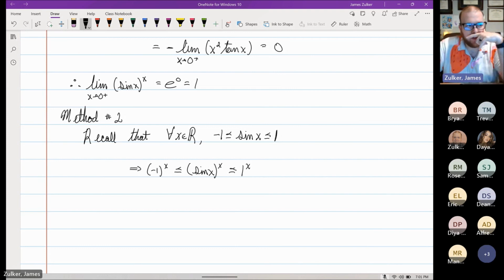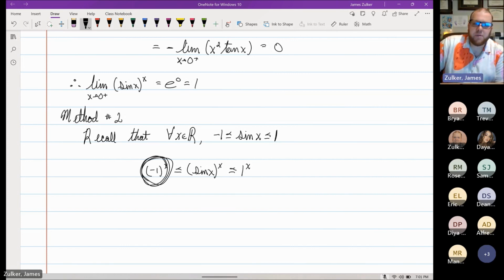Now that I look at it, I don't think I can use the squeeze theorem here. Because of that, I'm not going to be able to do this.